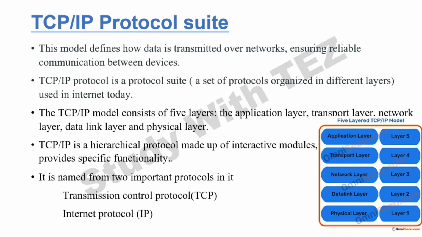This model has five layers: application layer, transport layer, network layer, data link layer, and physical layer. And the two important protocols are TCP and IP here.